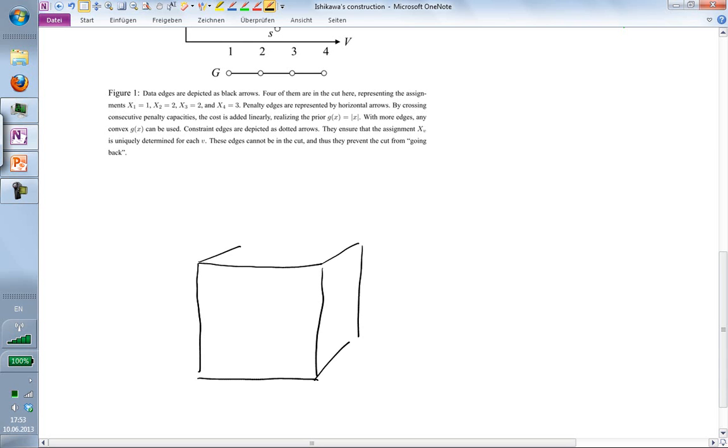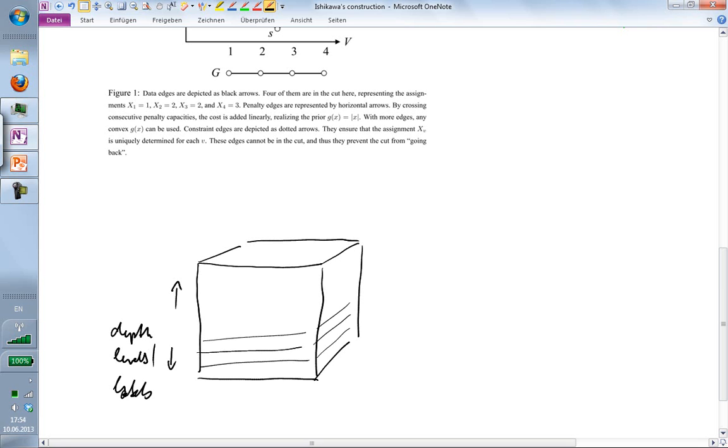So let's say we want to perform a depth estimation. And these would be here the various depth levels or the various labels. And this number of depth labels is a discrete set. So really I have a discrete set of depths that I consider.